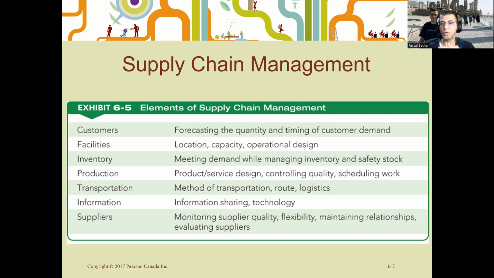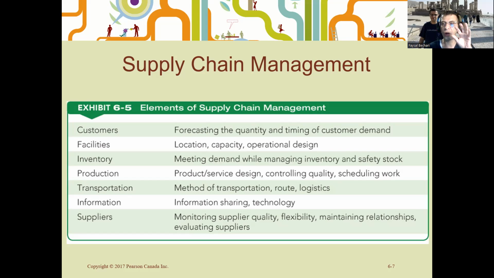Inventory is about meeting the demand while managing inventory and safety stock. Production is about product and service design, controlling quality, and scheduling. Transportation is methods of transportation, routes, and logistics. Information is information sharing and technology. Suppliers is monitoring supply quality, flexibility, maintaining relationships, and evaluating suppliers.